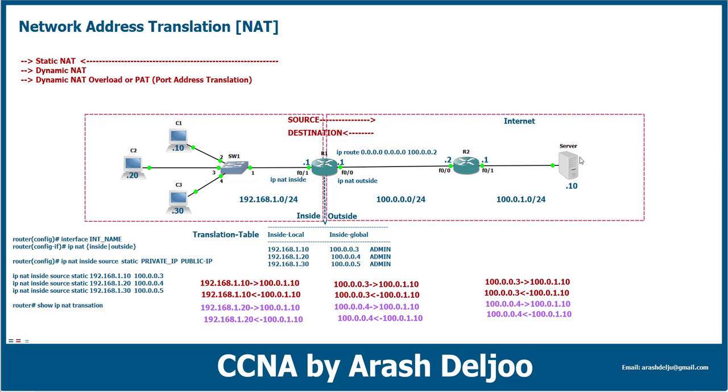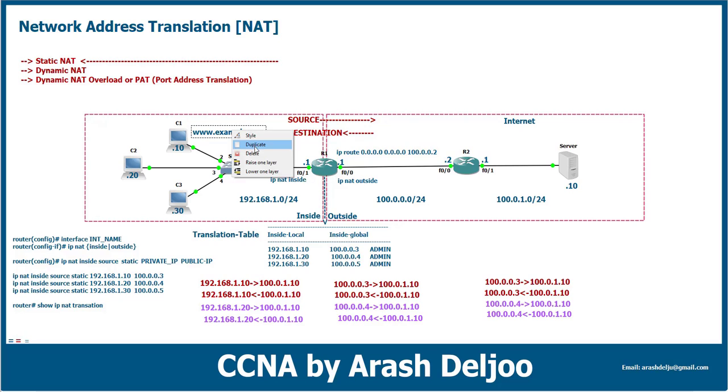But now from the outside, if we are receiving traffic for 100.0.0.3, the router one should translate the destination IP to the 192.168.1.10. I will show you. For example, in the public DNS servers, here we have www.example.com.